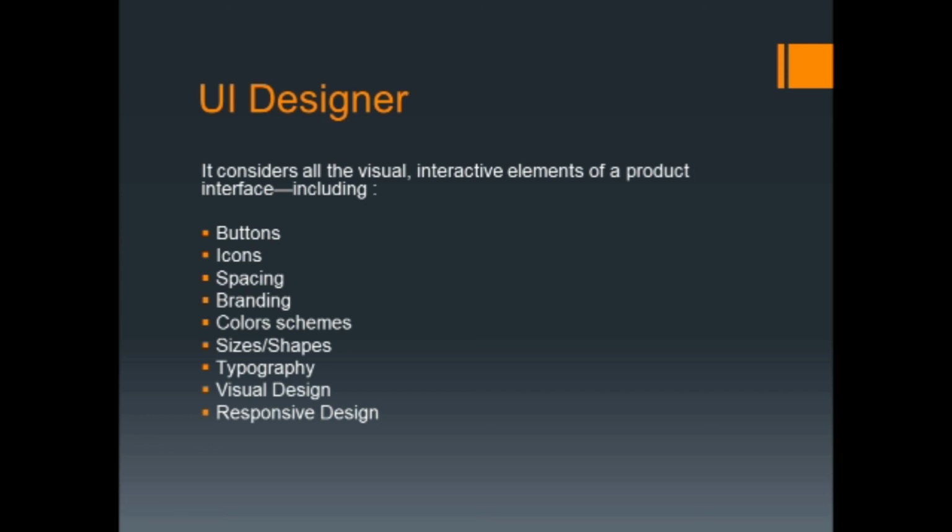After that, they can pass all these things to a developer. So this is the process UX designers and UI designers follow. So UI design is a small role within the UX design part.